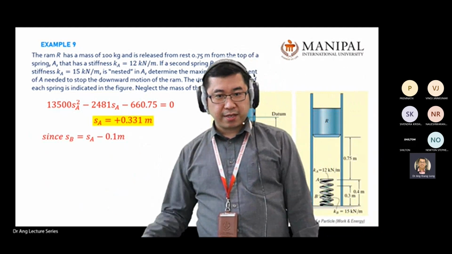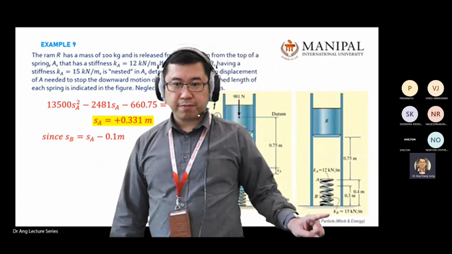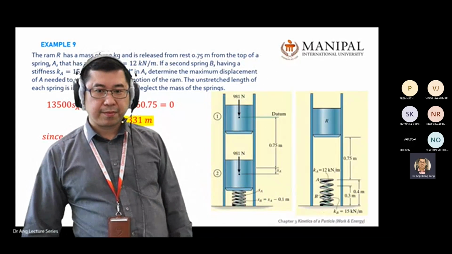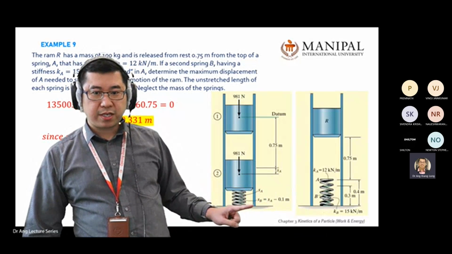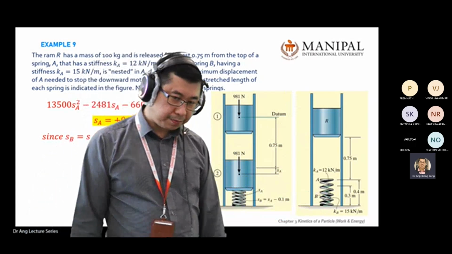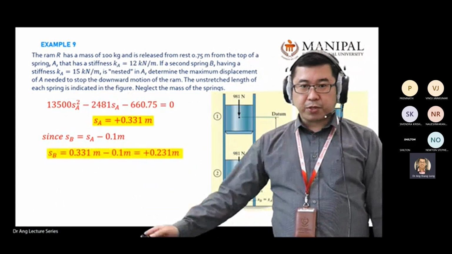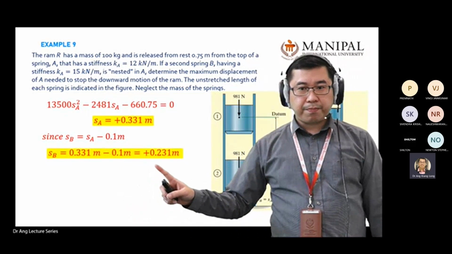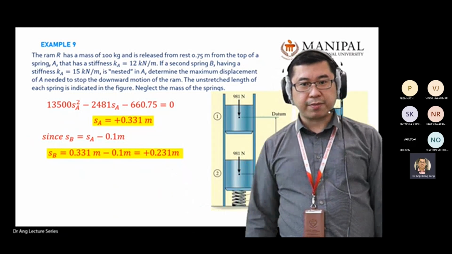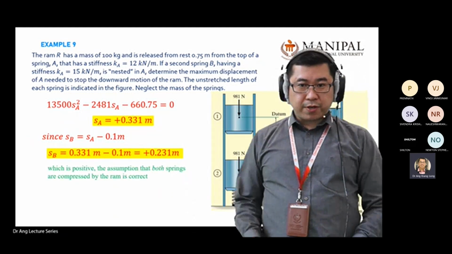From SA, you can find SB from this diagram and this diagram. This one you derive from the diagram. Substitute, you get plus 0.231. Okay, it is positive.